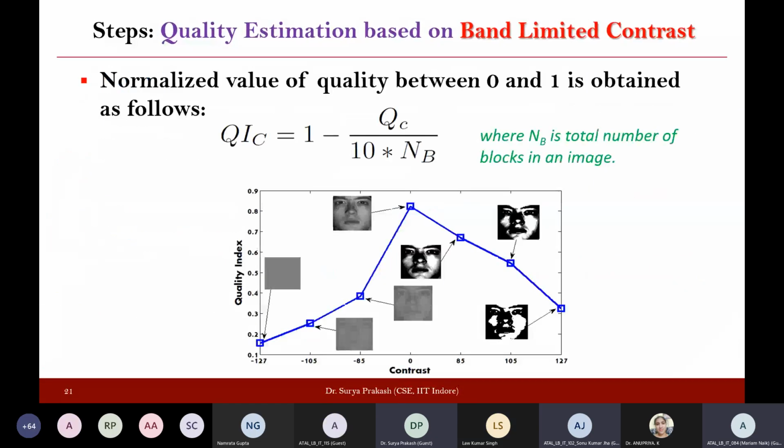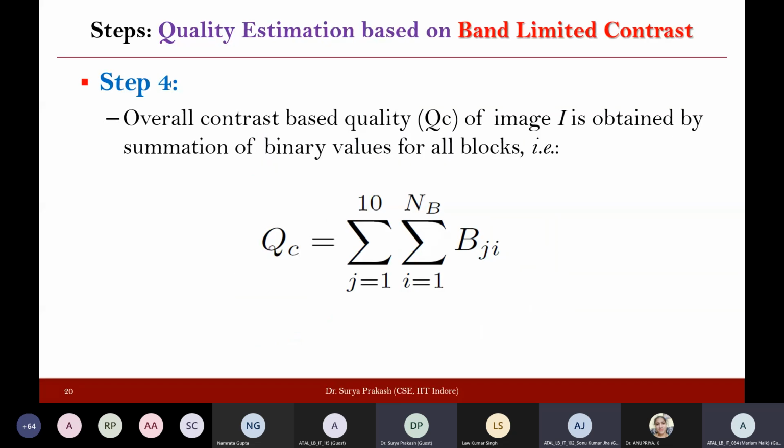So this was the objective function. QIC is defining the quality of the image, and this quality of the image is actually being dictated by the contrast. This QC is the value which gives us the contrast. QC is a kind of parameter which is obtained by summing the binary values.